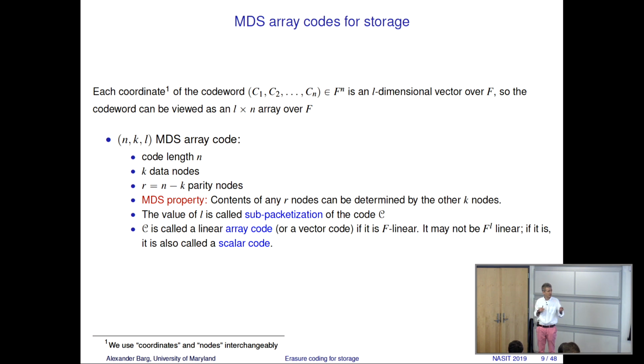They work as vectors over the field, but not necessarily linear over the extension field. If it is linear over F to the L, then it is called a scalar code. So Reed-Solomon codes would be scalar codes, linear over the big field. But array codes in general are only F-linear.